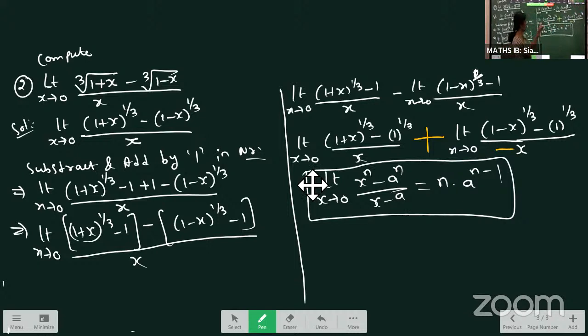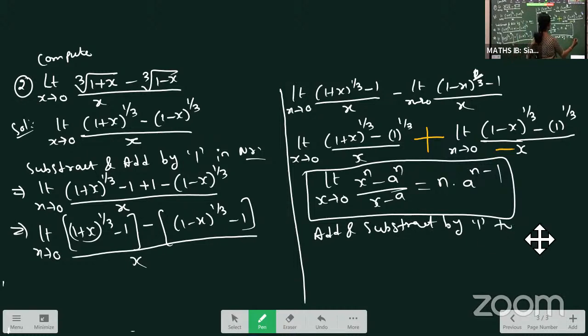If you observe the first term, this is the x term, x power n minus a power n, meaning 1 power 1 by 3. But the denominator x minus a should be there, and we have only x. So here again, what to do? Add and subtract 1 to the denominator.